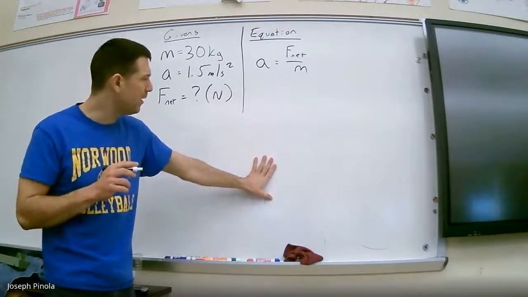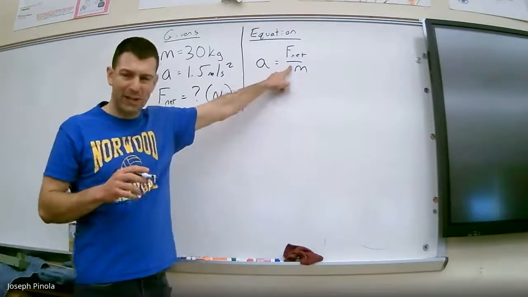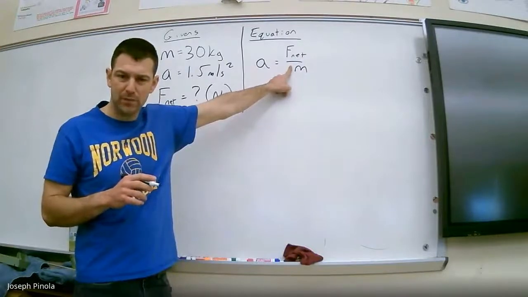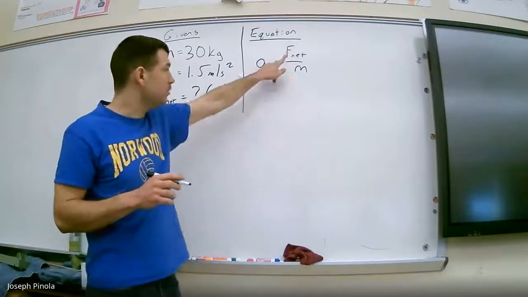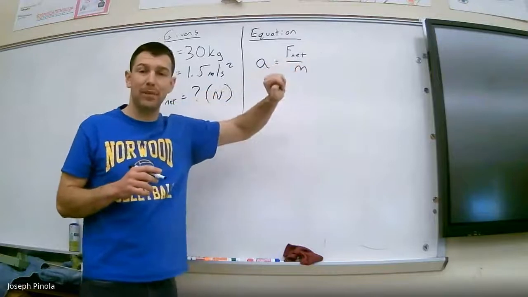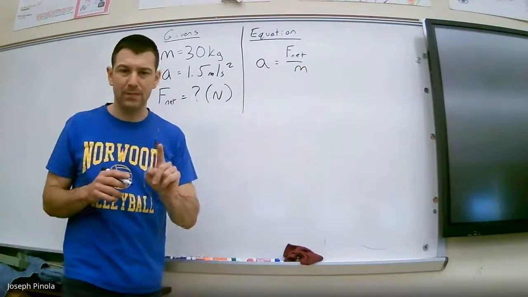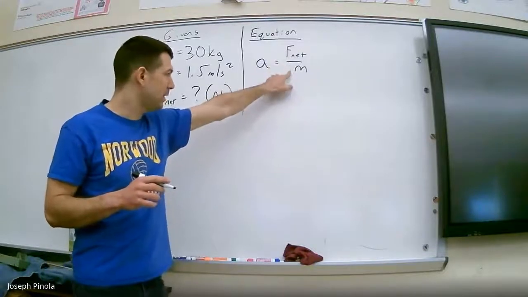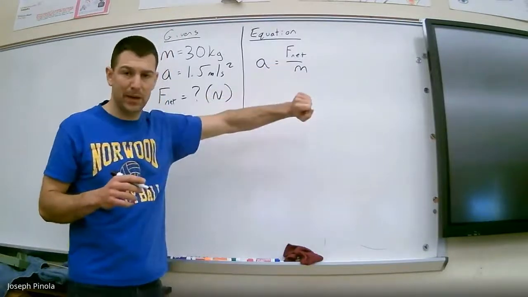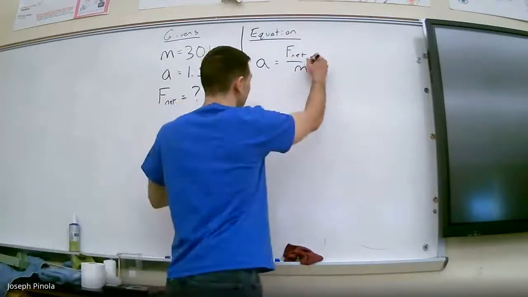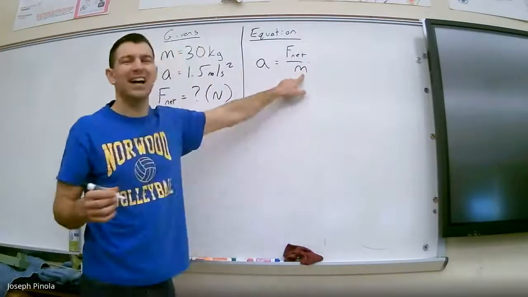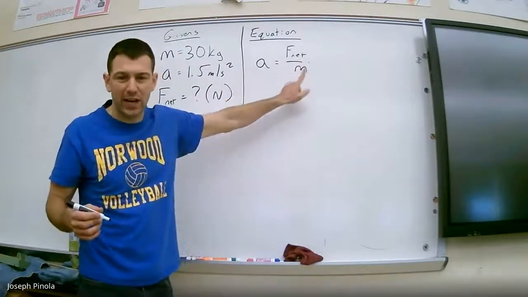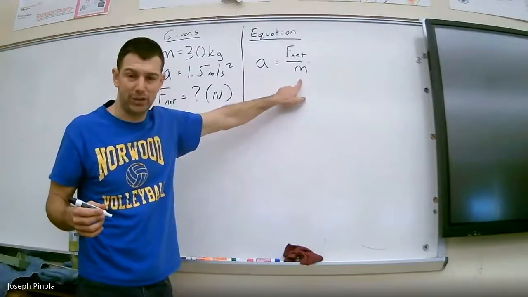Do you remember how to get rid of a fraction in a mathematical equation? A lot of people think you should multiply by whatever's on top. You should not. Instead, to get rid of a mathematical fraction, in this case to get F net by itself, we should multiply by whatever is in the denominator, the bottom of the fraction.